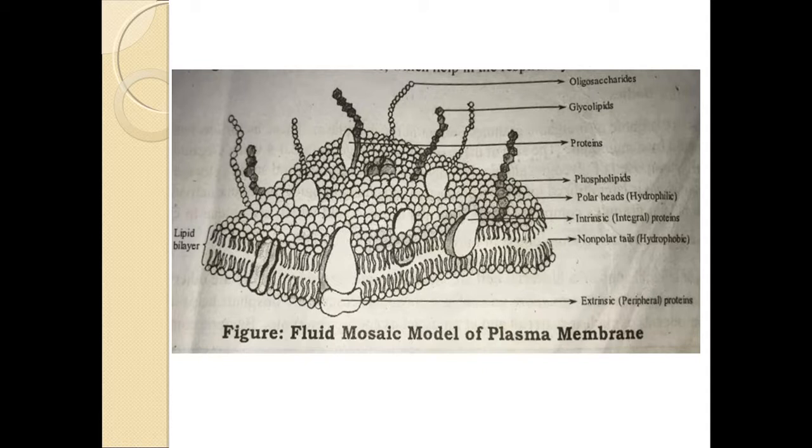So this membrane is embedded with protein molecules, intrinsic proteins and extrinsic proteins, as you can see in the diagram. The extrinsic proteins are the peripheral proteins.